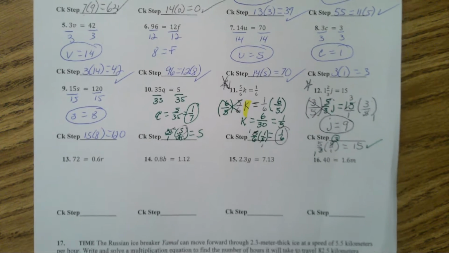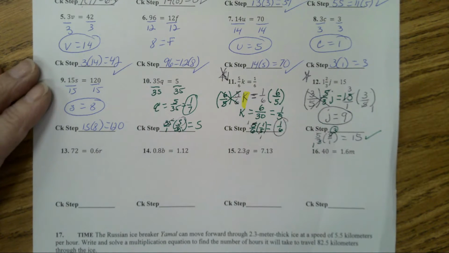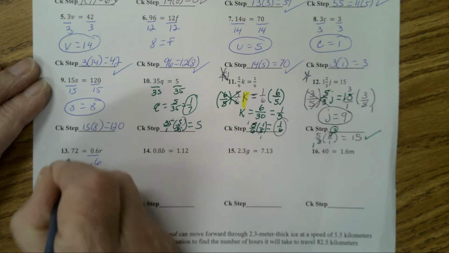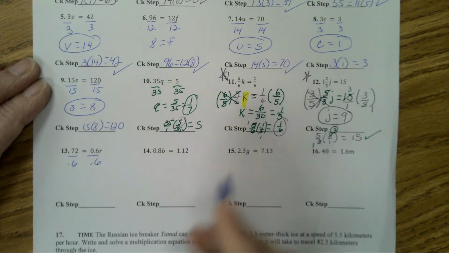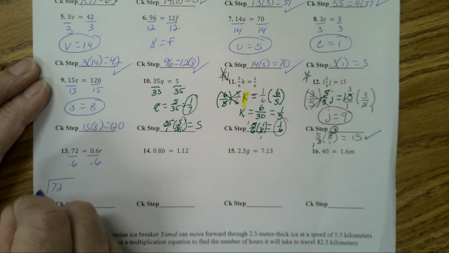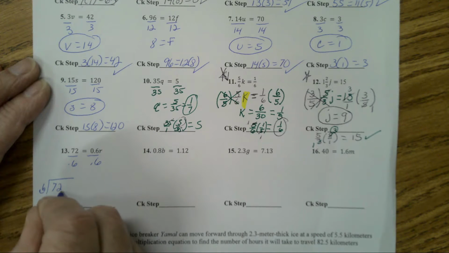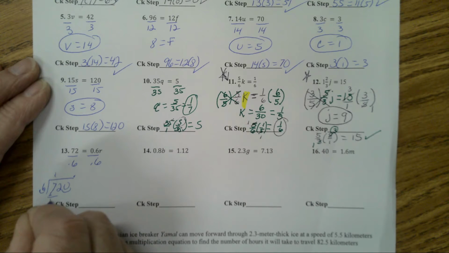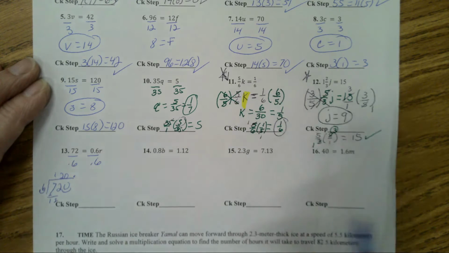Now let's go on to the problems where we have some decimals. This is a little more challenging. Divide by 0.6, divide by 0.6. 72 divided by 0.6. Move it 1, move it 1. That will equal 120.